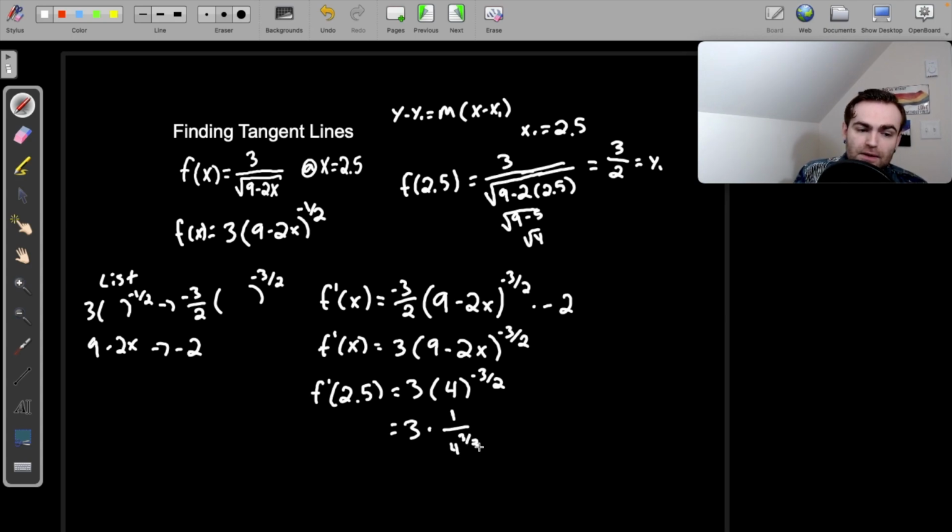The half power is a square root. The square root of 4 is 2. So this is 3 times 1 over 2 to the third. 2 to the third is 8. Multiply fractions straight across. So f prime of 2.5 is equal to 3/8.